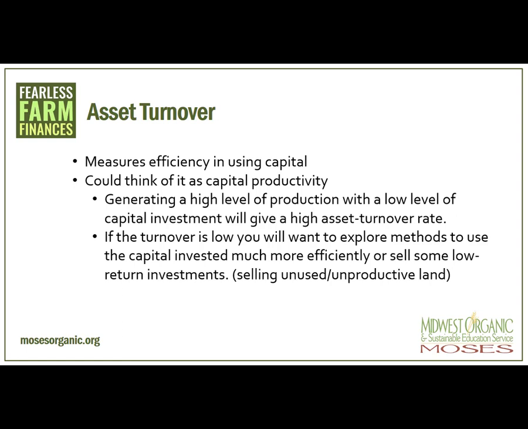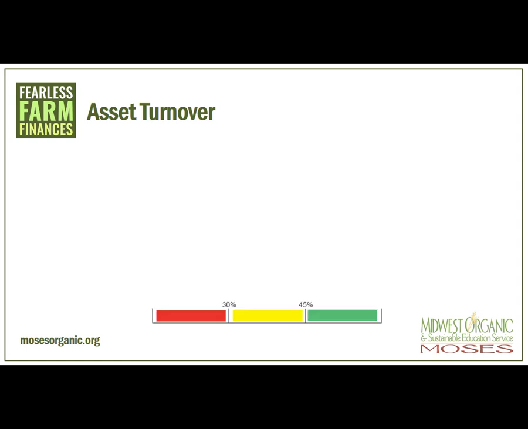If the turnover is low, you'll want to explore methods to use the capital invested much more efficiently, or sell some low return investments, like selling unused equipment and unproductive or unused land. Our asset turnover ratio is calculated as the value of farm production divided by our average value of farm assets.